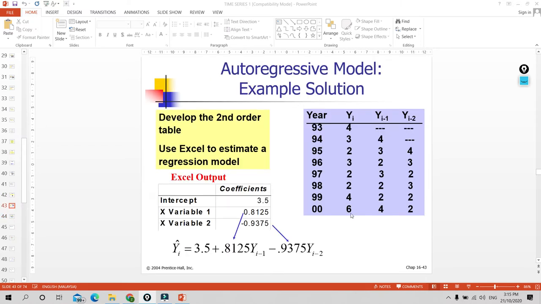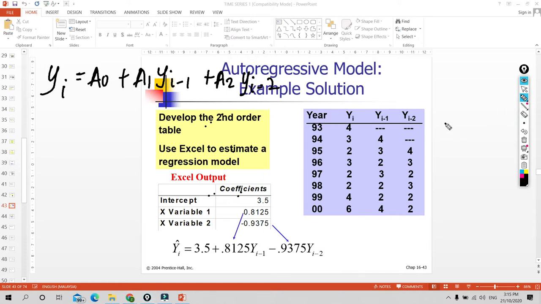Now my data here is the original data: 4, 3, 2, 3, 2, 2, 4 and 6. If you want to apply the auto-regressive model, we start with y i. So y i is equal to 4, 3, 2, 3, 2, 2, 4 and 6.